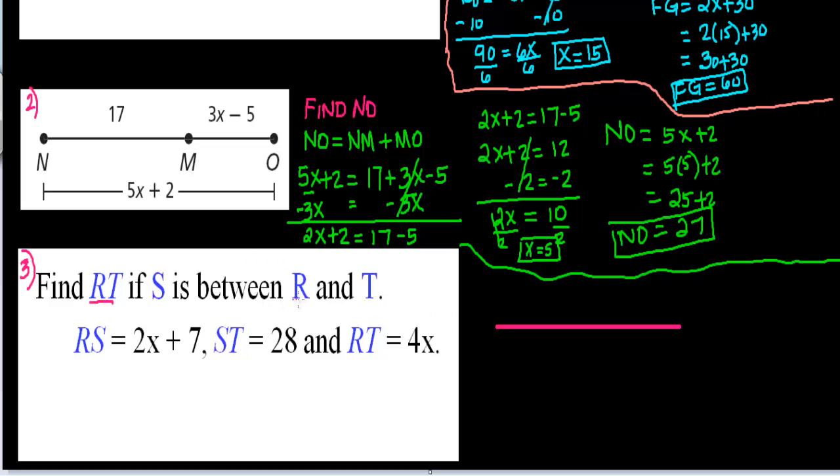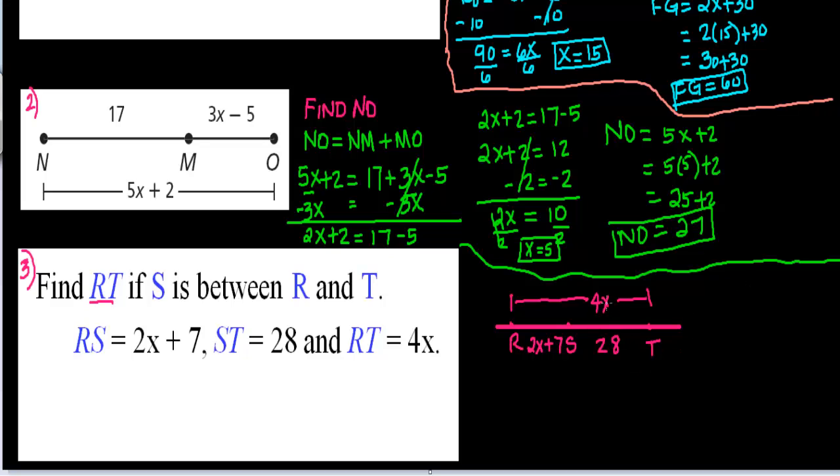It says if S is between R and T, so I know R and T and S, and you can draw S anywhere you want, as long as it's in between R and T. Now it tells you that RS, this distance in between, is 2x plus 7, and that ST, this distance from here to here, is 28. And RT, which is from here all the way to T, is 4x. And I have to find RT.